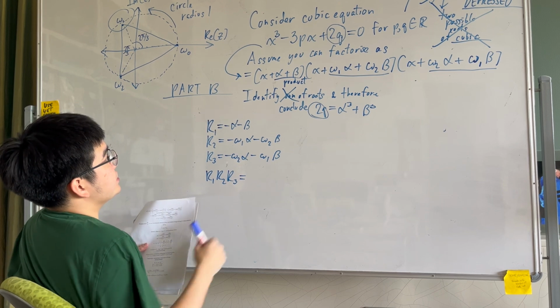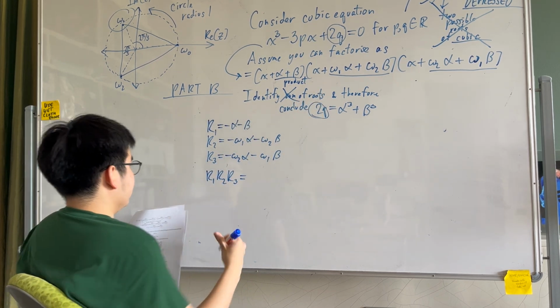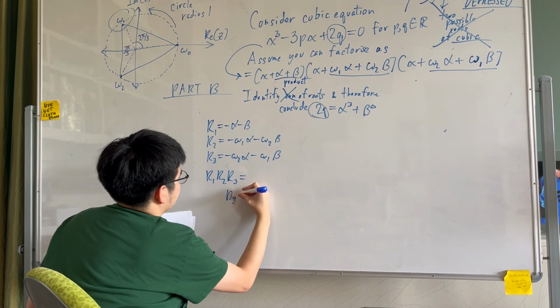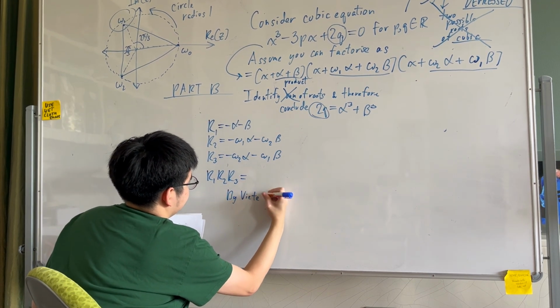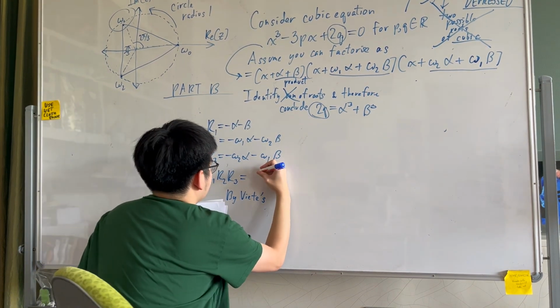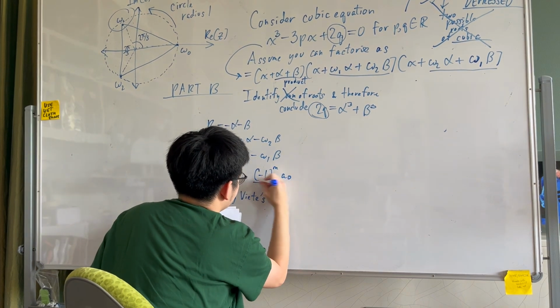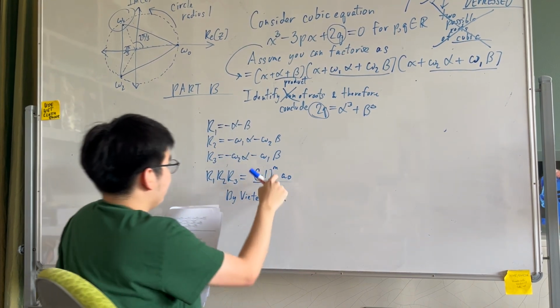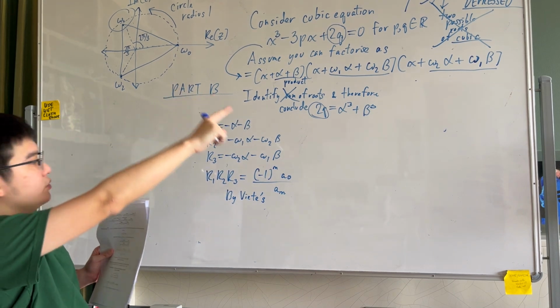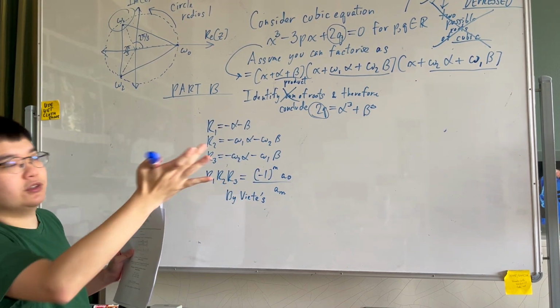So then this, which is these things multiplied together, is by Viète, or the Chinese, minus 1 to the n, a naught over a n, where n is the degree of your polynomial, and a naught is the constant term, or the last term of your polynomial.